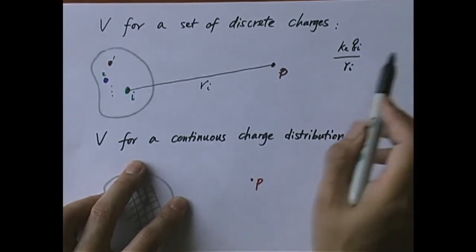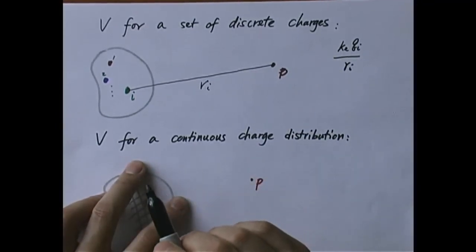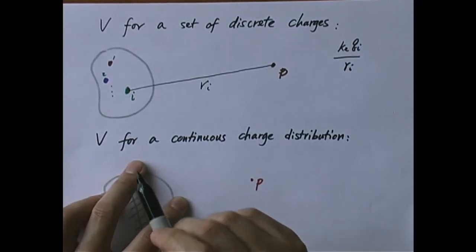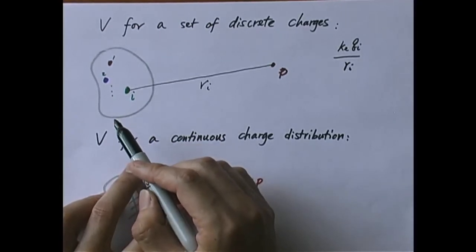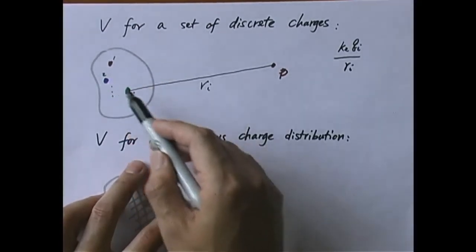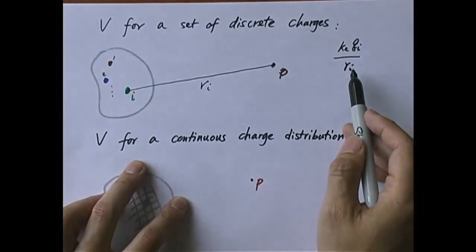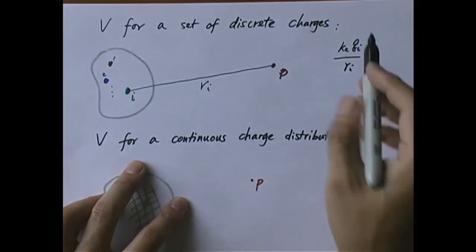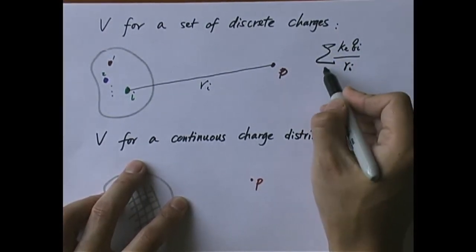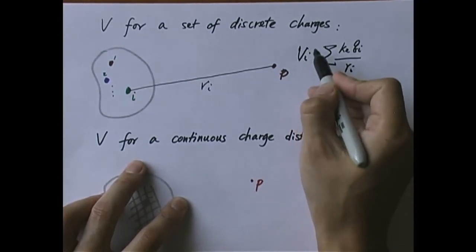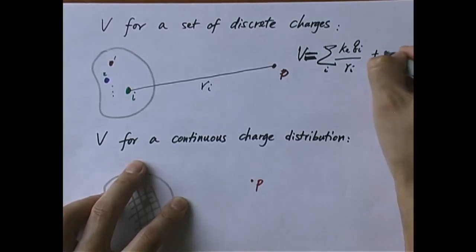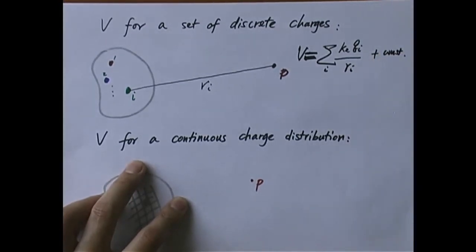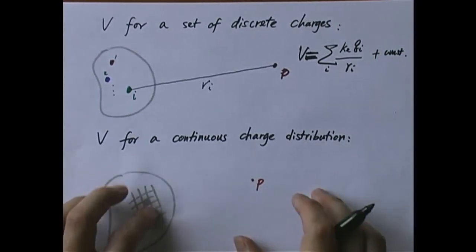There is also a constant, but we can forget it for now. Since the electric fields can be added linearly due to the linear superposition principle, each charge produces its own potential, so the total potential is just the sum of the individual potentials. So that's V total at point P. Of course, I can add a constant if I want to. That's how you extend it to a bunch of charges.